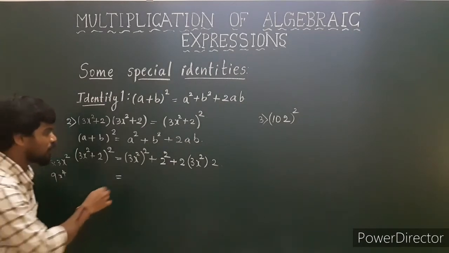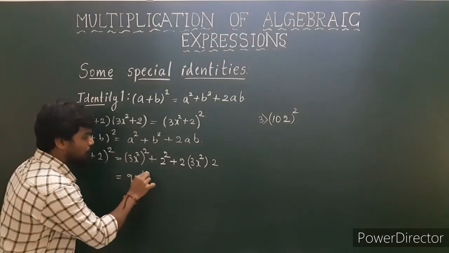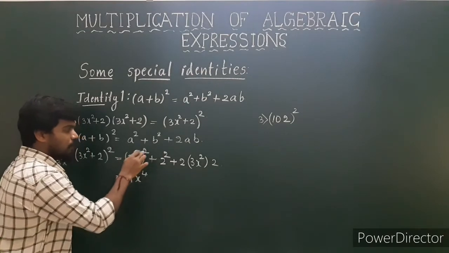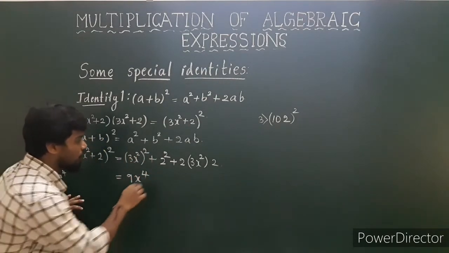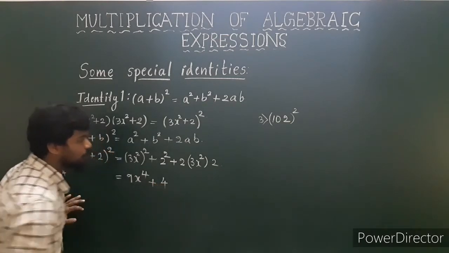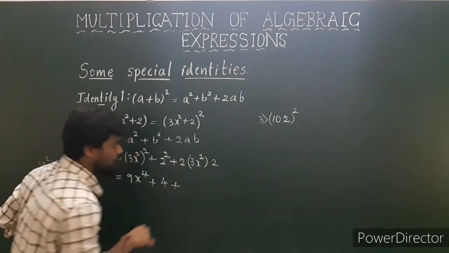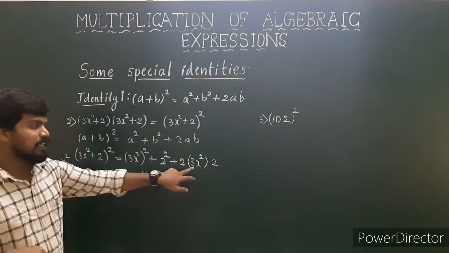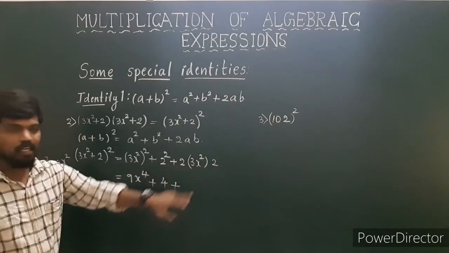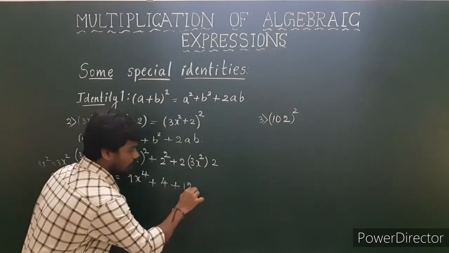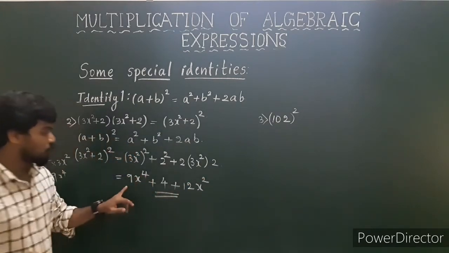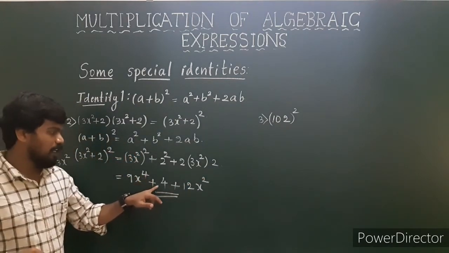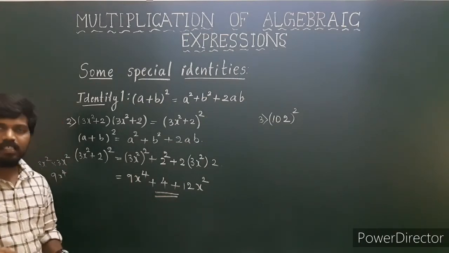So 9x to the power 4. 2 square you have 4, and 2 into 3 is 6, 6 2s are 12, x square. This is the final answer: 9x to the power 4 plus 4 plus 12x square.